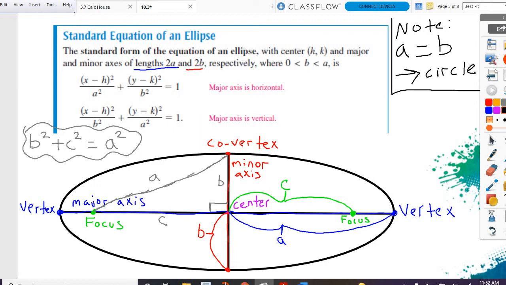Which is why remember that your circle formula is x minus h squared plus y minus k squared equals r squared, right? It just equals a number. You should have learned that in geometry.